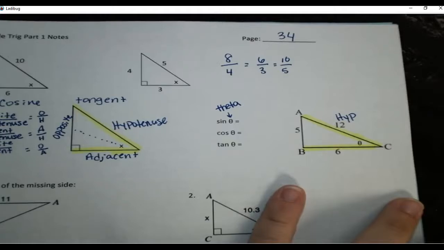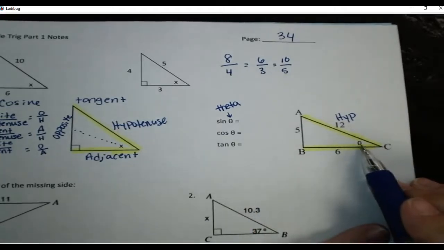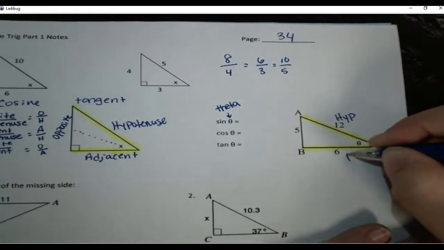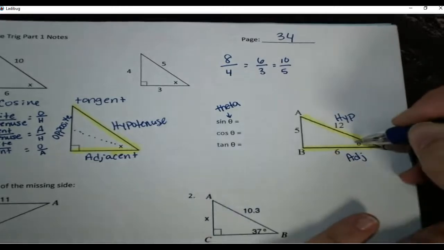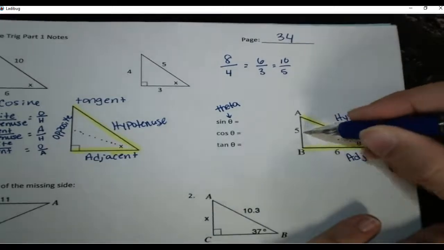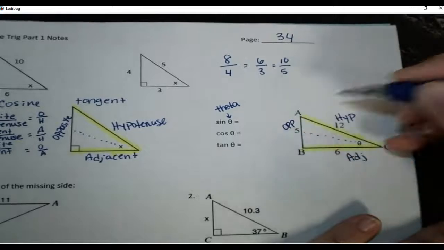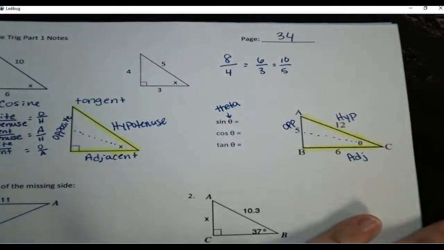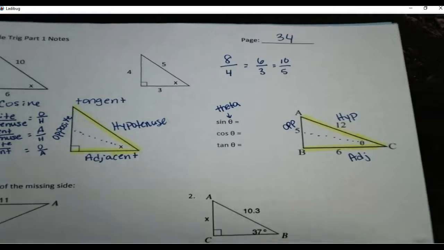The other highlighted side, which is always beside that angle, is adjacent. And across from the angle, never highlighted, is the opposite. Any questions on labeling it?